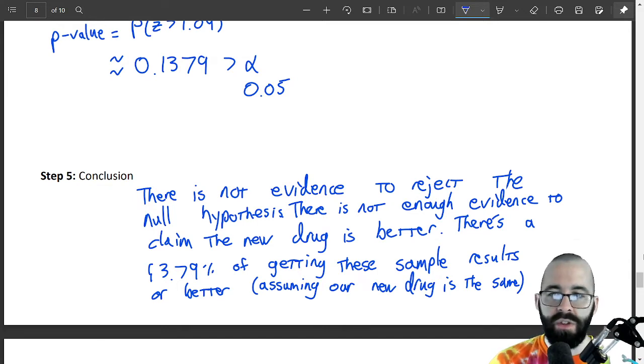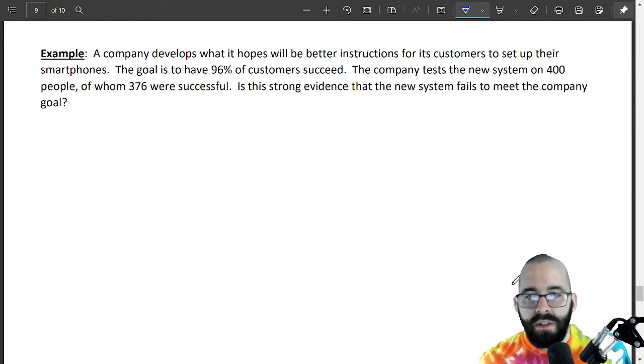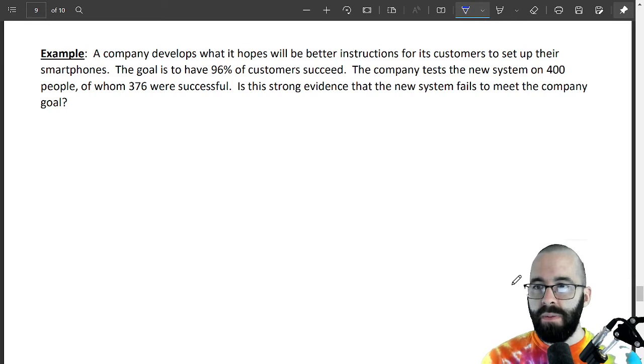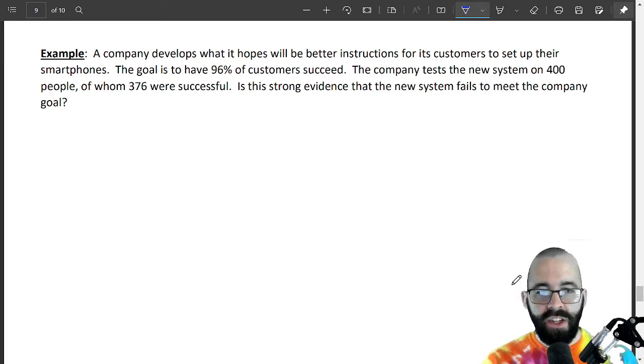So specifically, the old drug has a 13.79% chance of getting these results too. So it's not enough evidence to claim it's better. Pause the video. Try to follow these same steps for this next example, okay? And see what you get.